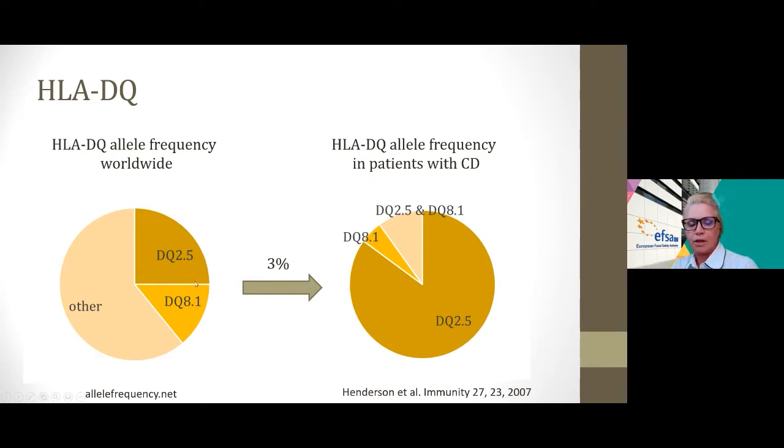So carrying these alleles is not a diagnosis. But among the patients with already developed celiac disease, 85% carry DQ 2.5, 5% carry DQ 8.1, and almost 10% carry both of them. So there is a strong association between these two alleles and the susceptibility to celiac disease.